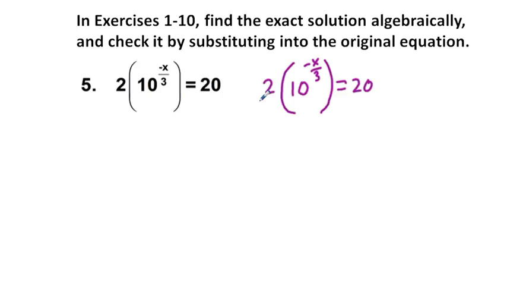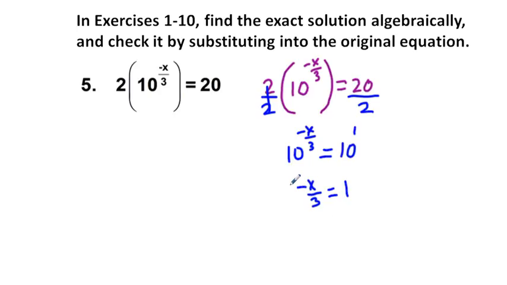And if we divide both sides of this equation by 2, and 2 over 2 on the left side cancel to equal 1, we have 10 to the power of negative x over 3 equals 20 divided by 2, which is 10. And this will be 10 to the first power. So in the exponent's place on the left, we have negative x over 3, and in the exponent's place on the right, we have 1.